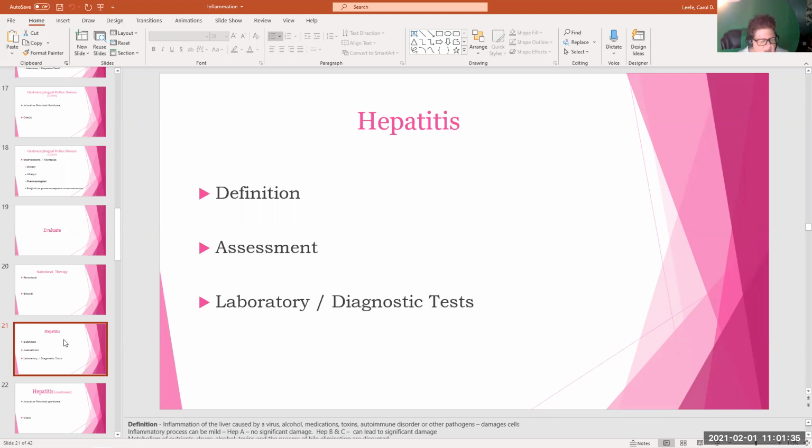Again, lifestyle choices are very important here. Excessive alcohol intake is going to cause malfunction in the liver. Illicit IV drug use.